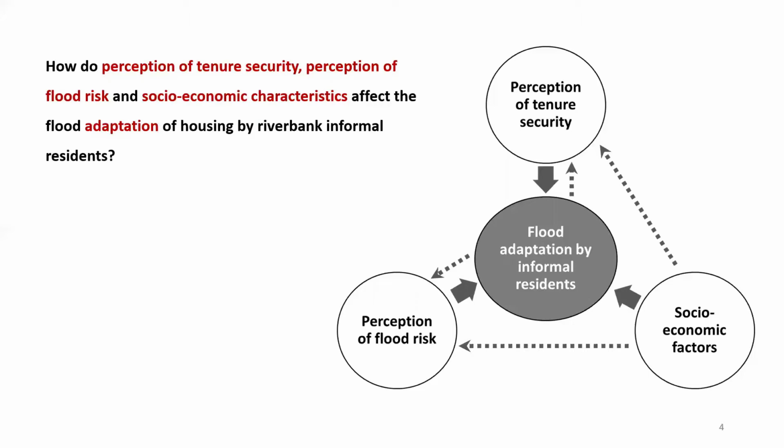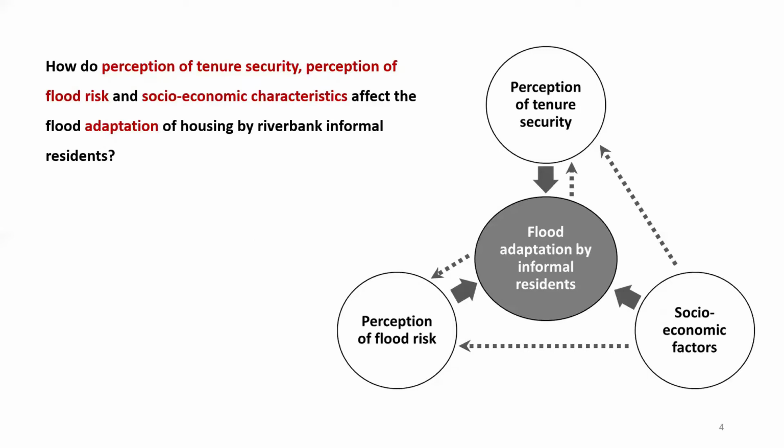Perception of tenure security can be simply understood as a level of fear of being evicted from the settlement or lack of that fear. Because the informal settlements are considered illegal and there is always a risk of being evicted by the government.